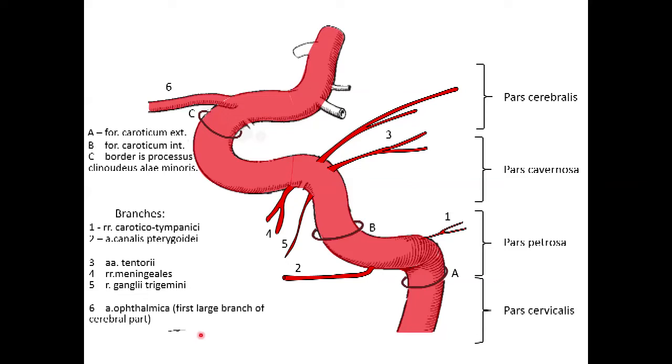So we say large branch, but it's large in comparison with the very smallest arteries of previous regions.